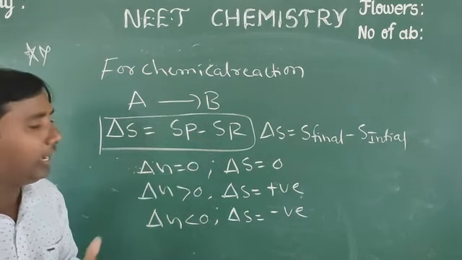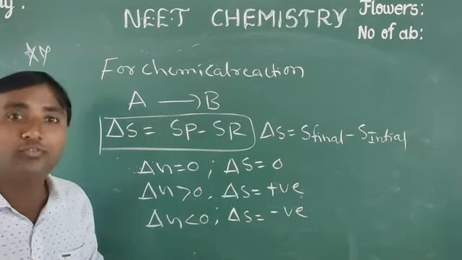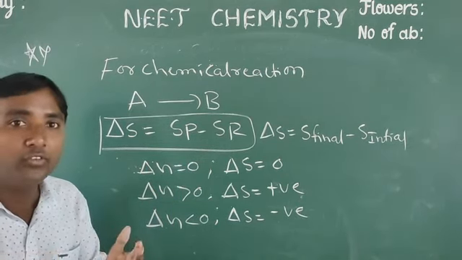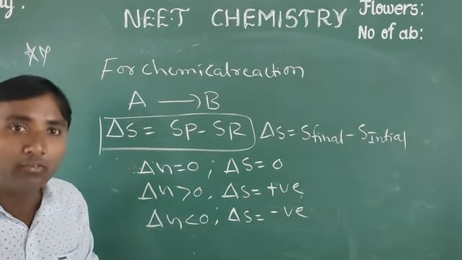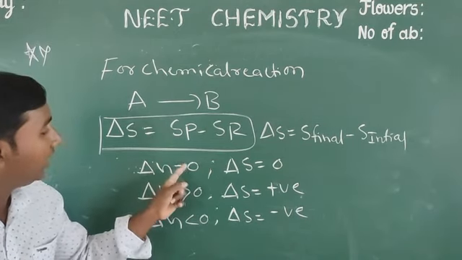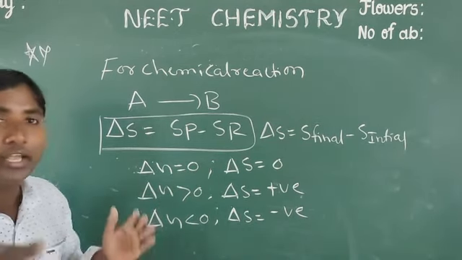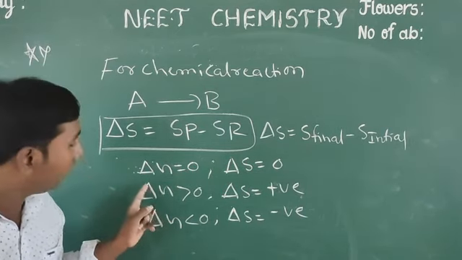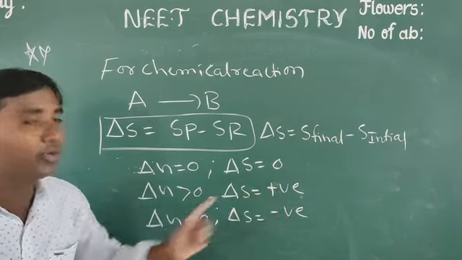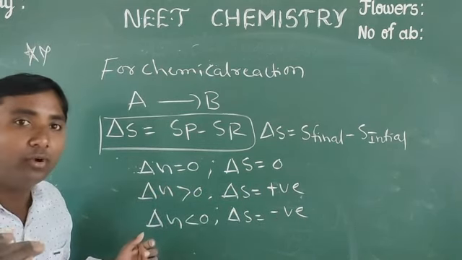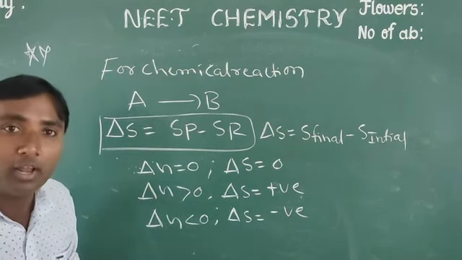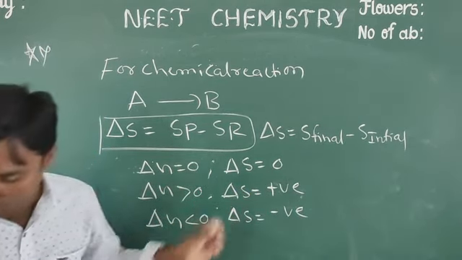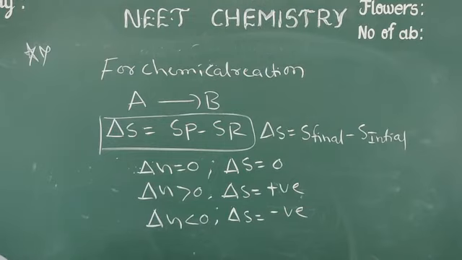In chemical reactions you have to find del n. If moles of product equal moles of reactant, del n equals 0 and del S equals 0. If product moles exceed reactant moles, del S is positive. If reactant moles exceed product moles, del S is negative. Okay, next point.